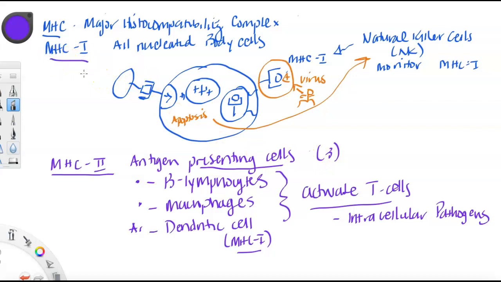MHC1, just on all regular old nucleated body cells. This is just how they post their stuff. All right. The MHC2 only on presenting cells, cells that are able to present an antigen to a T lymphocyte. Okay, I hope that clears it up a little bit.